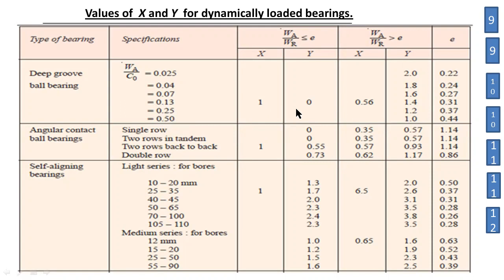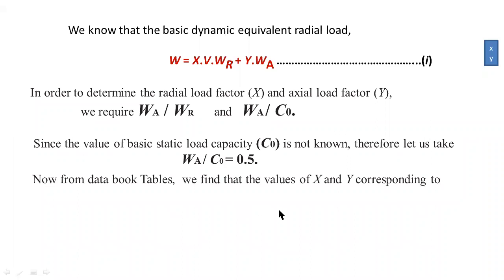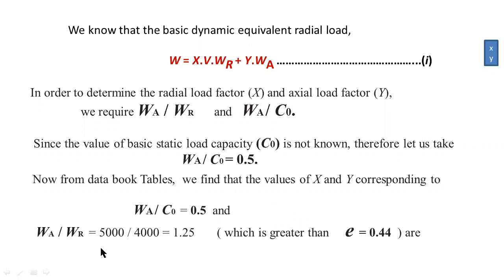Here X and Y are 1 and 0 for WA by WR ratio less than or equal to E, whereas X equal to 0.56 and Y equal to 1 for WA by WR greater than E. First of all, you have to find out the value of E. Now from data handbook tables, we find the values of X and Y corresponding to WA by C naught equal to 0.5 and WA by WR.